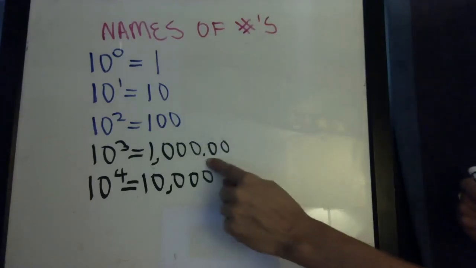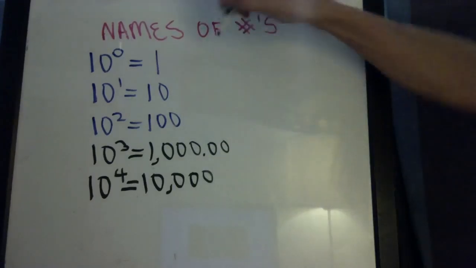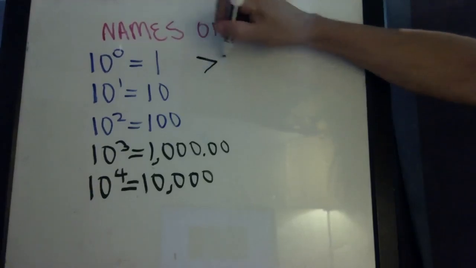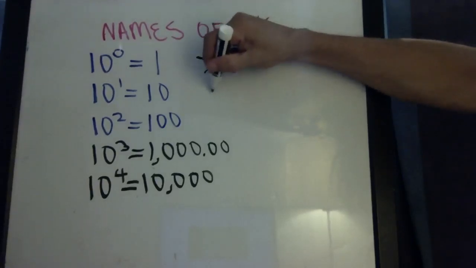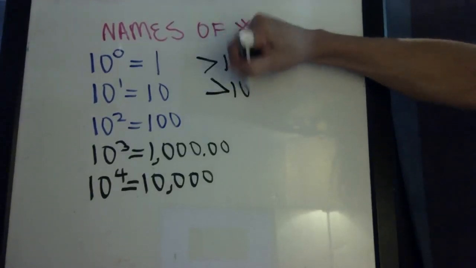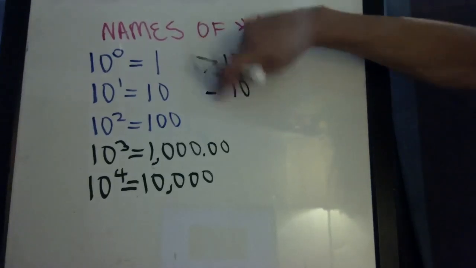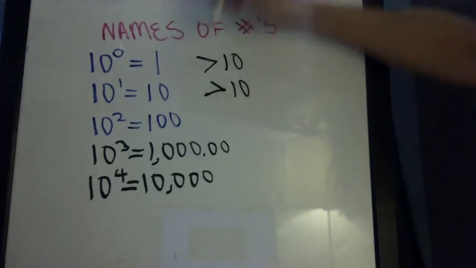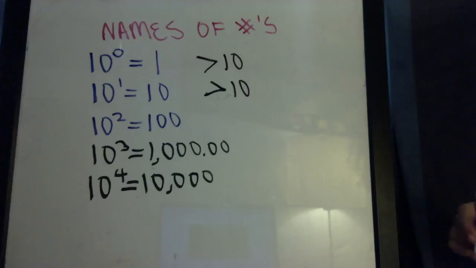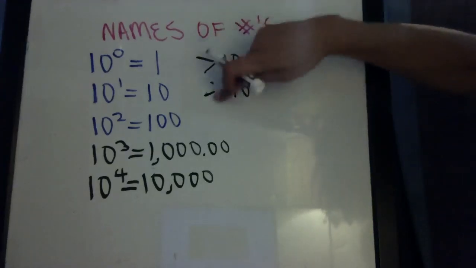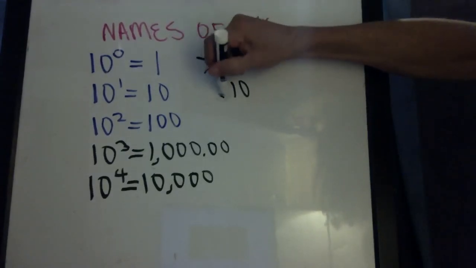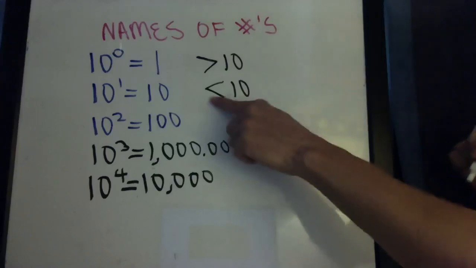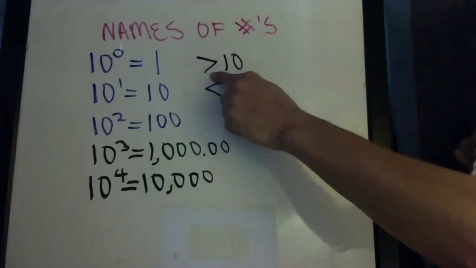And then we're going to have names for all of these, because we're going to have more than 10 and less than 10. Less than 10, more than 10.